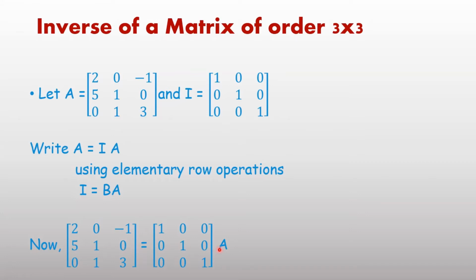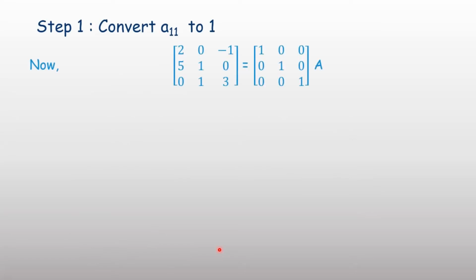Now next, step first: your first objective is to convert A11 as 1. Since it is the first step or starting step, you are free to apply any row operation to convert it as 1.